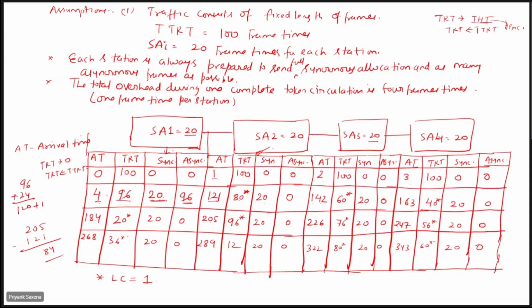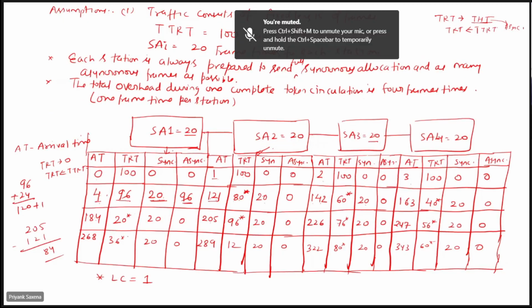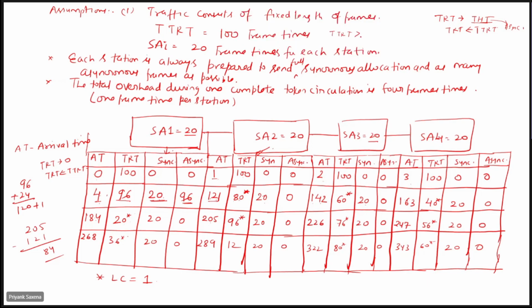So TTRT value is much higher than Dmax, Fmax plus token release time plus synchronous allocation of all the stations, right?